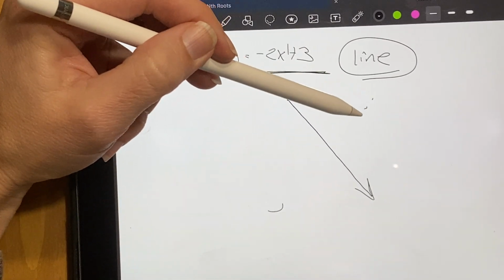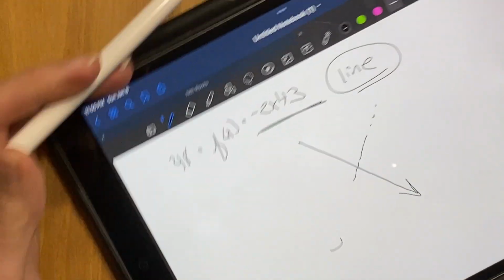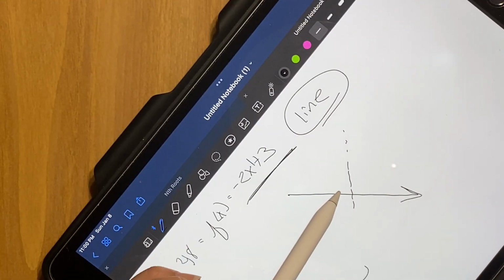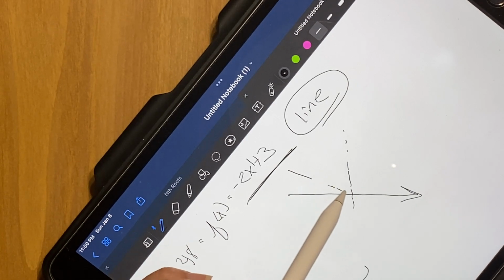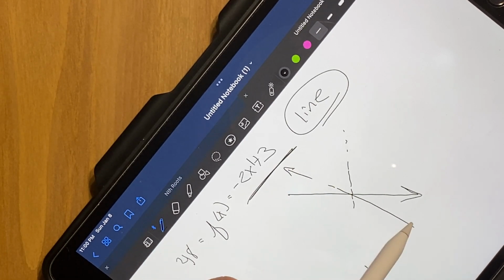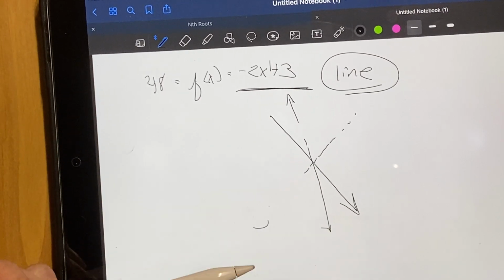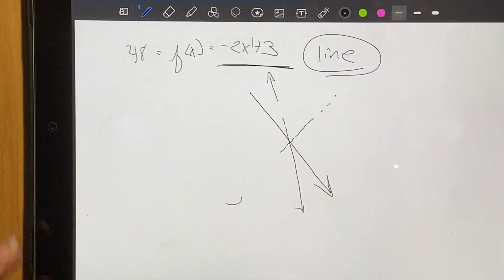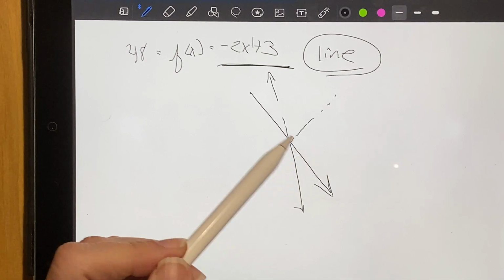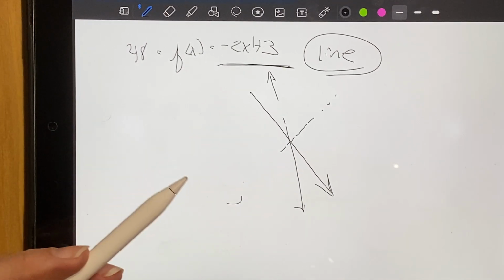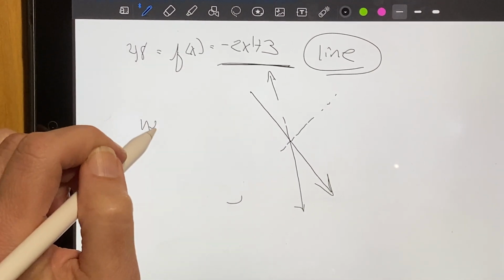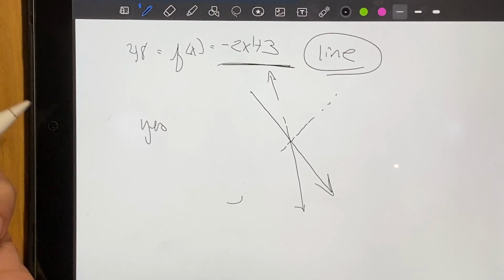If I'm doing my vertical and I'm swapping it over, I'm going to have this other line here. It's going to be a function. They actually both have negative slopes in this case. But the first one is a function. So as we answered that question for 48, you would just say, yes, it's a function.